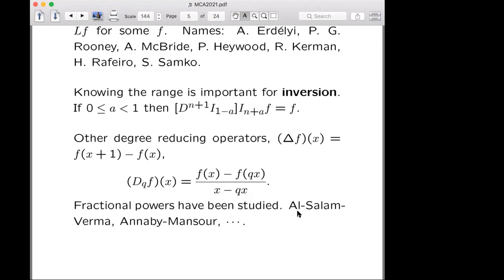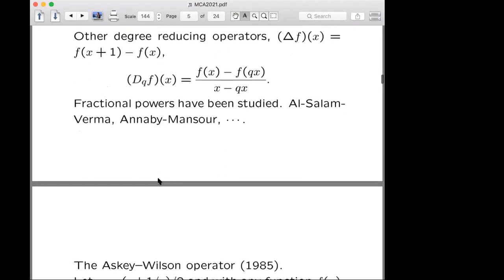I think Abdi worked on this. Al-Salam and Verma wrote a couple of papers, and Nabin Mansour have a lecture note in Springer on the q-Fractional integrals with this operator.